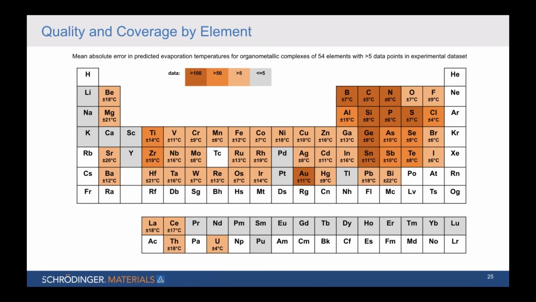Another interesting point is that because we have a relatively spread out data collection, we wanted to see, based on the number of compound data points that cover all the elements in the periodic table, the RMS errors within that subgroup. Here, the darker brown shows more data collected around the elements, and lighter gray means very few.